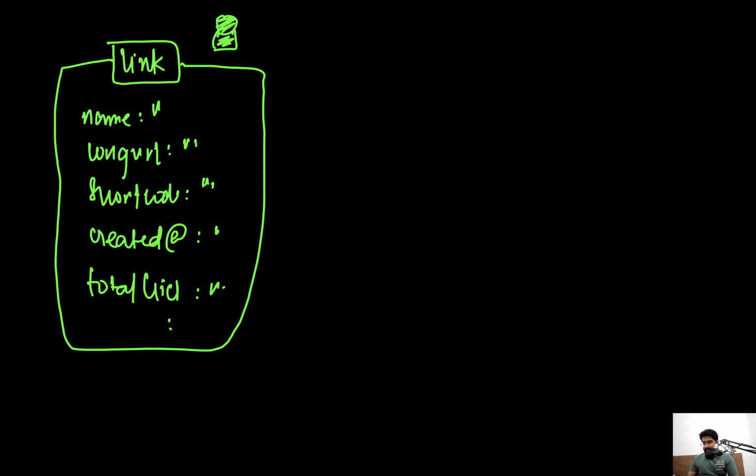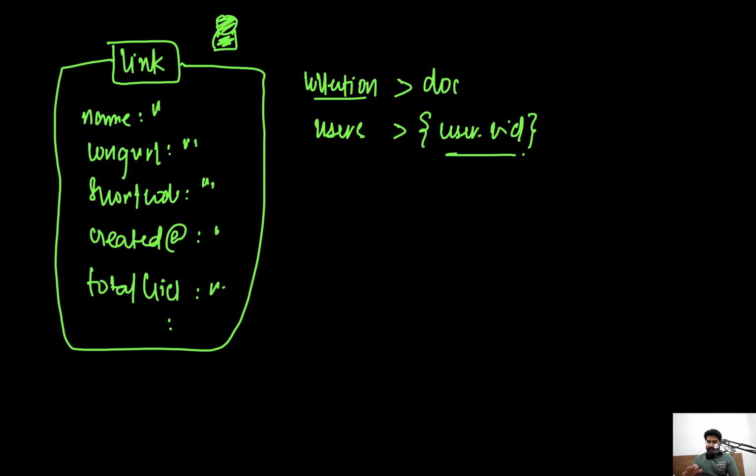So what I've been thinking of is that we can have a collection of users within which we can have a document for each user, and for the document ID we can use the user UID. It's a common pattern, something which you'll see very commonly.